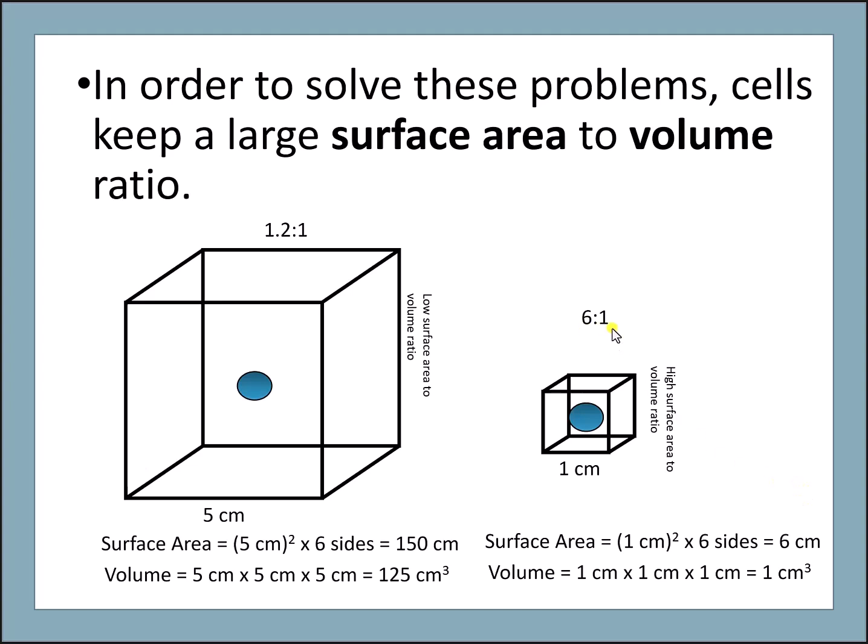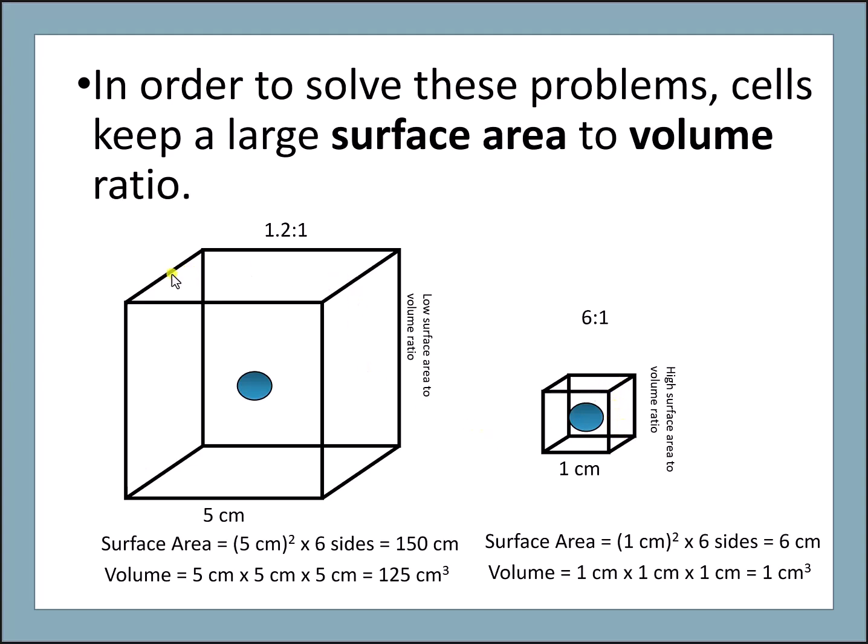So this is a much higher or larger surface area to volume ratio, which means that in order to efficiently move materials into this cellular area, into the cytoplasm area where all the organelles are located, this cell is going to be able to do that very efficiently because there's a really large surface area here that it can move things in and out.